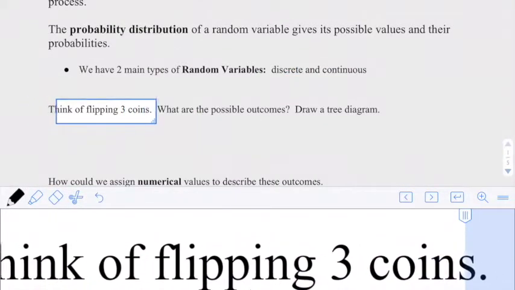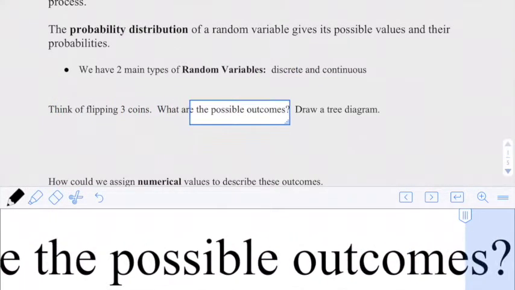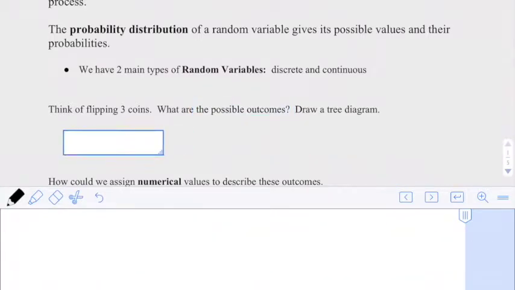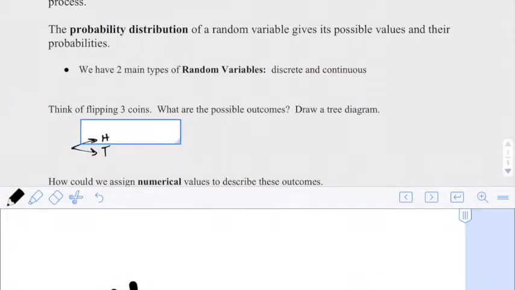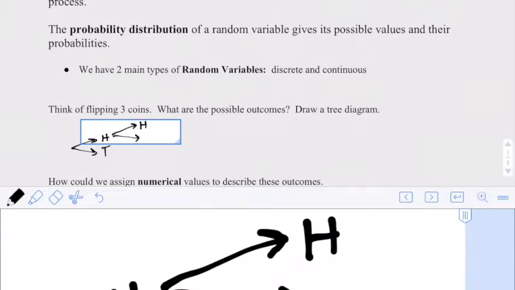Think of flipping 3 coins. What are the possible outcomes? So we can draw a tree diagram to illustrate this. So we have our first flip, where we get a heads or a tails. Then we have our second flip, where we also get a heads or a tails.